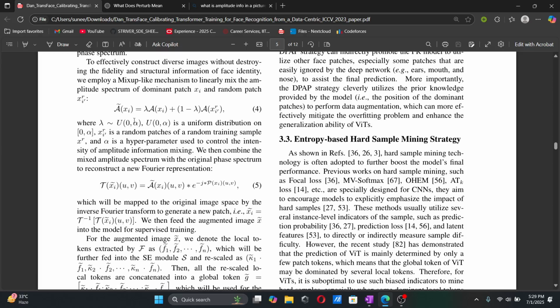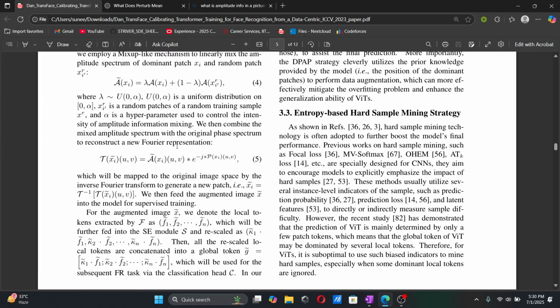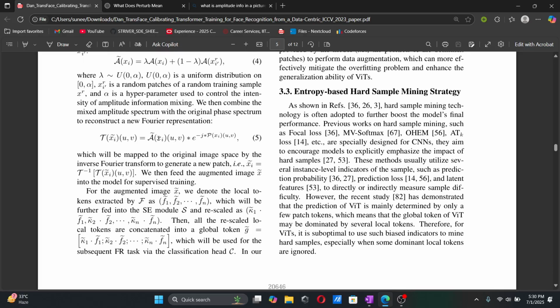I don't get it. Oh, why? Uniform. We then combine the mixed amplitude spectrum with the original phase spectrum to reconstruct a new image.